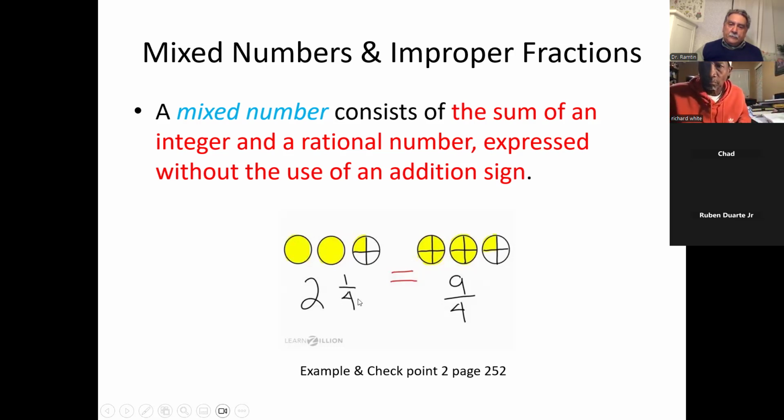You write it this way. It is the same as if I multiply 4 by 2, 8 plus 1, 9. It is the same as that. Because if I have 3 circles and I divide each of them into 4 parts and I pick 9 of them, you see even in a visualization, you can see that they are the same.